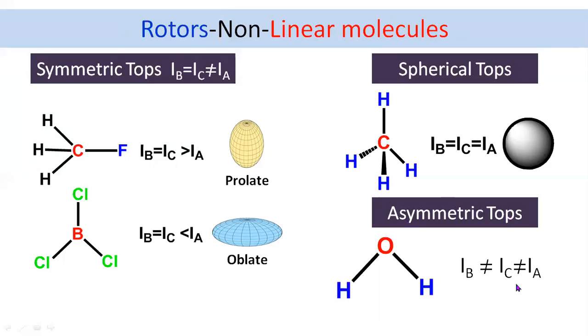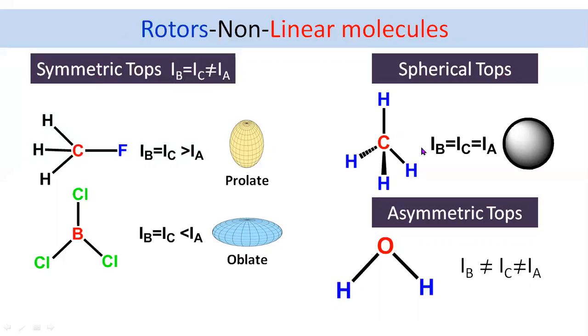So I have explained that I can classify my molecules based on how many moments of inertia they have. For linear molecules, you need to define only one. In a symmetric top, only two is good enough because IB and IC are equal, so you need only IB or IC, and IA.